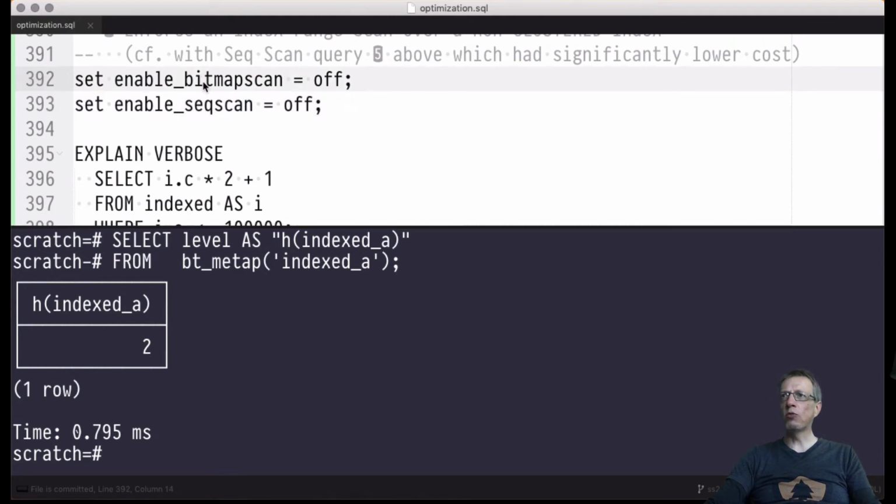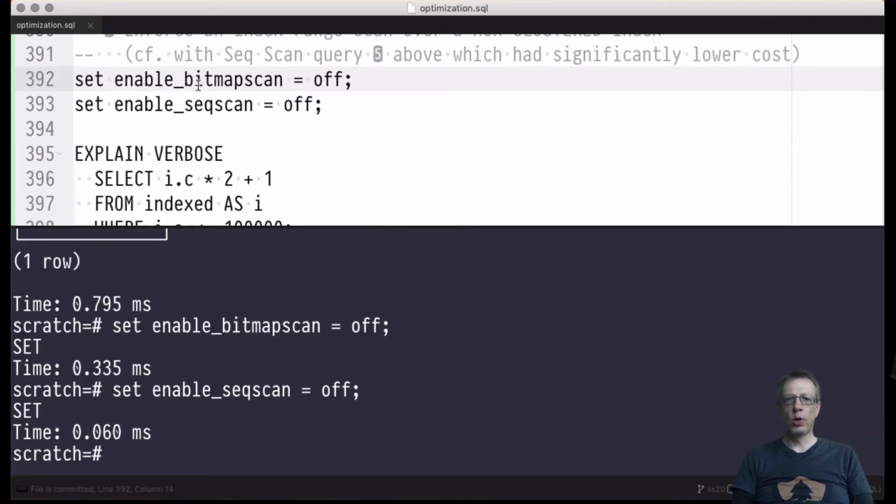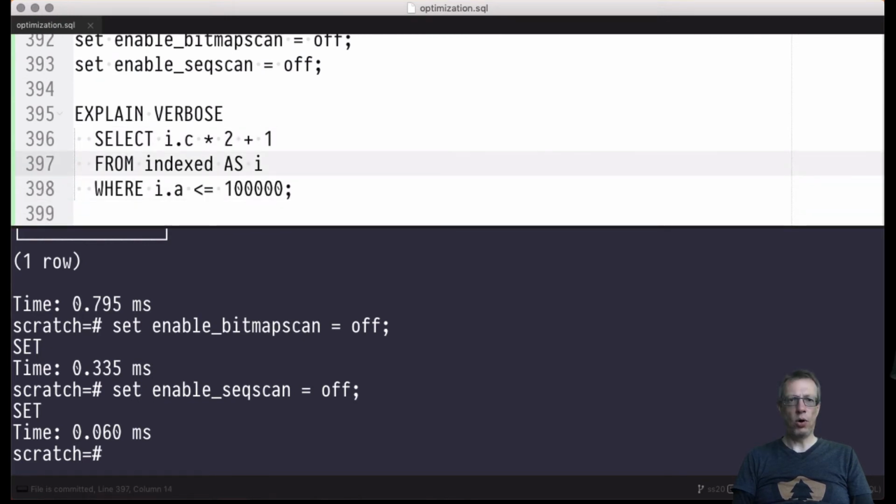We will switch off bitmap scan, which would be the preferred method by the system if the index is unclustered. All of this will be switched off just to make sure that we are talking about the plain index scan here. Which is of course very unwise to do. We will use an index scan, although it will probably be rather costly. All right, and then let's assess the cost of this sample query.